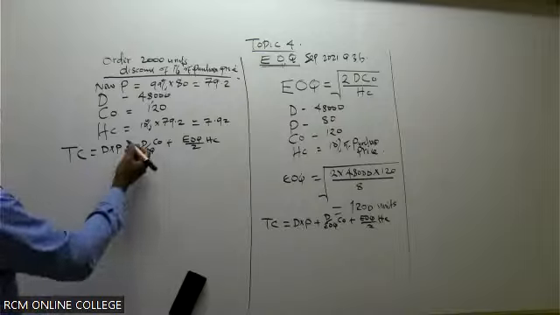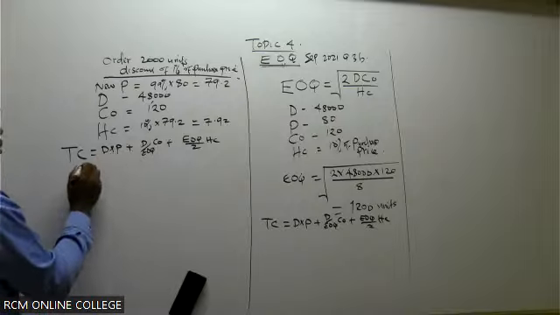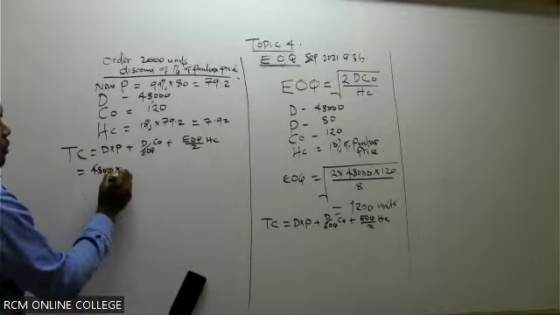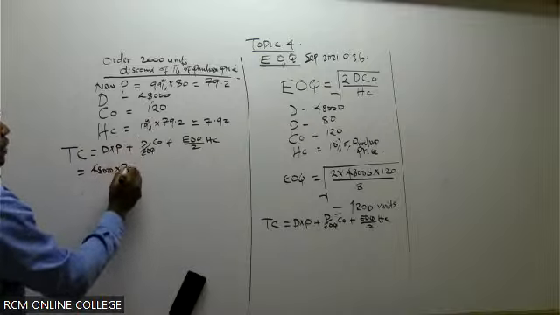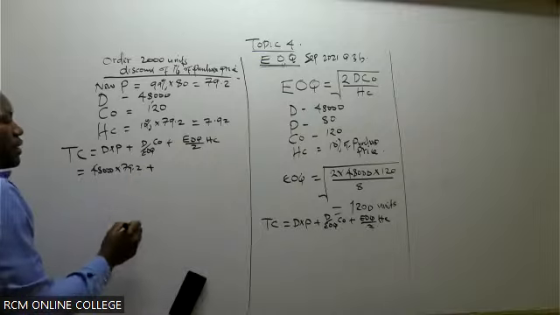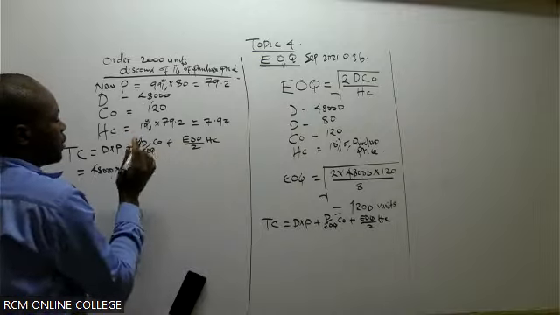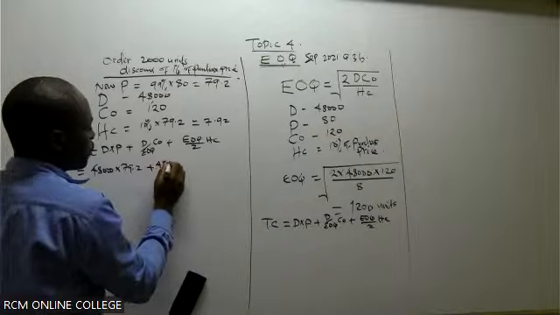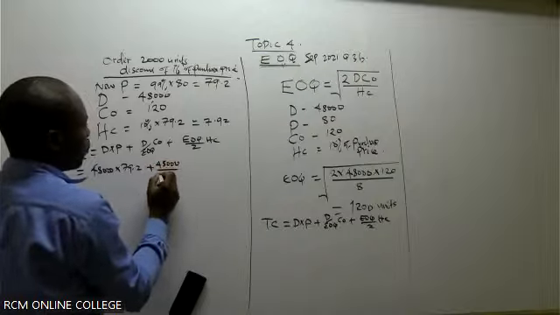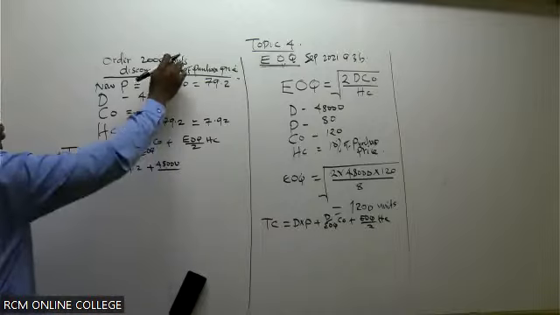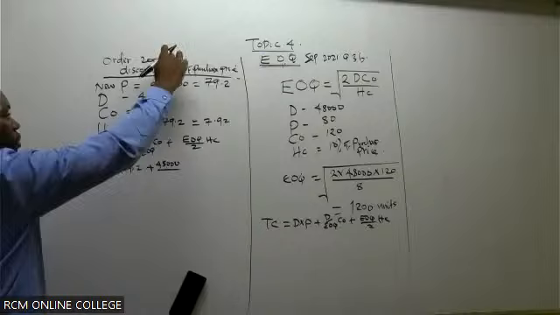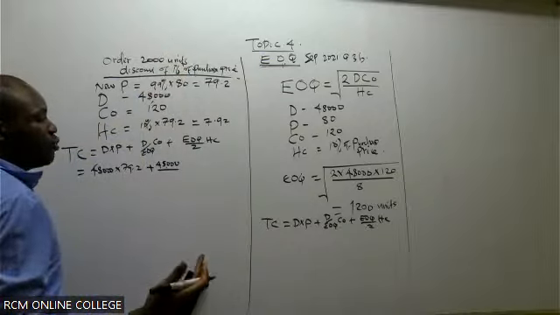So we now come here. Do we have demand? Yes, 48,000 times purchase price, which you've given me as 79.2, plus demand here. Demand will still be 48,000 divided by economic order quantity, which is basically the quantity, which is 2,000, the new quantity that has been proposed.